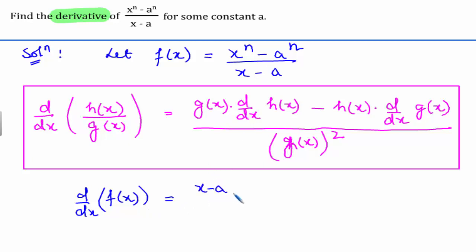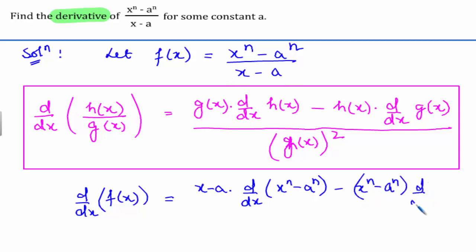Since here gx is x minus a and hx is x raised to the power n minus a raised to the power n, now we have to find the derivative of the function x raised to the power n minus a raised to the power n, minus hx. hx is x raised to the power n minus a raised to the power n into the derivative of gx, which is x minus a, whole divided by gx whole square, and here gx is x minus a, so we have x minus a whole square.